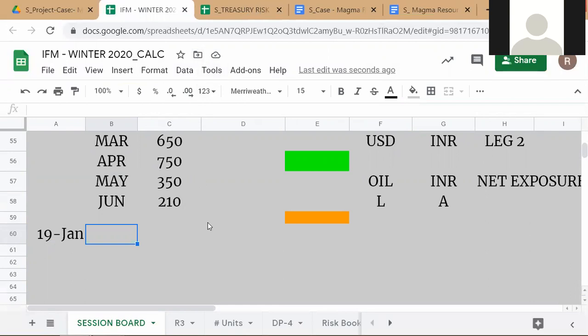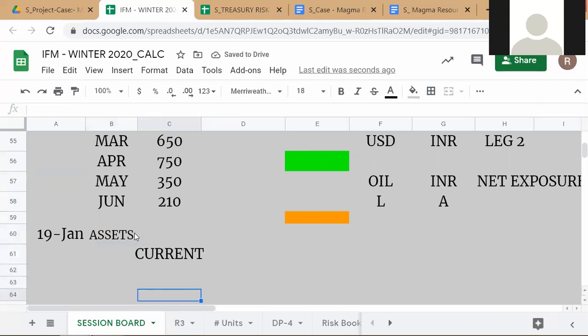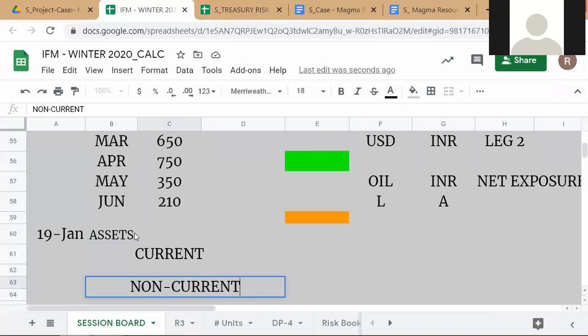Okay. Right. So normally on the asset side, we would write assets. We would write current and non-current. Right.